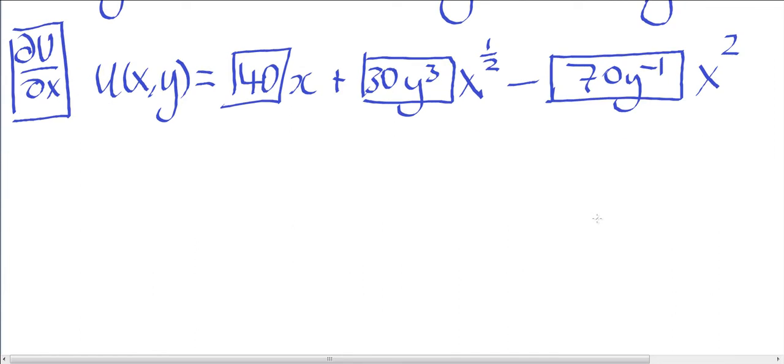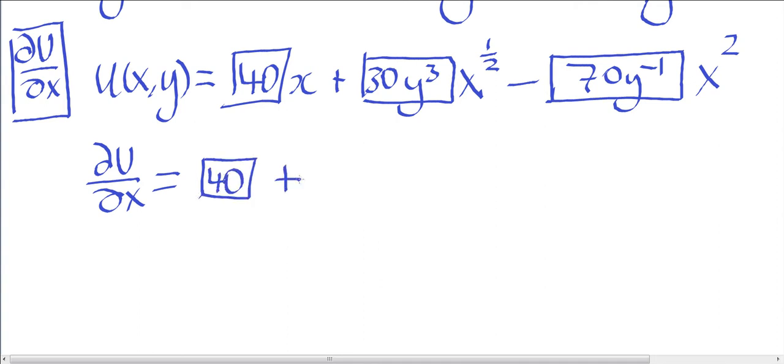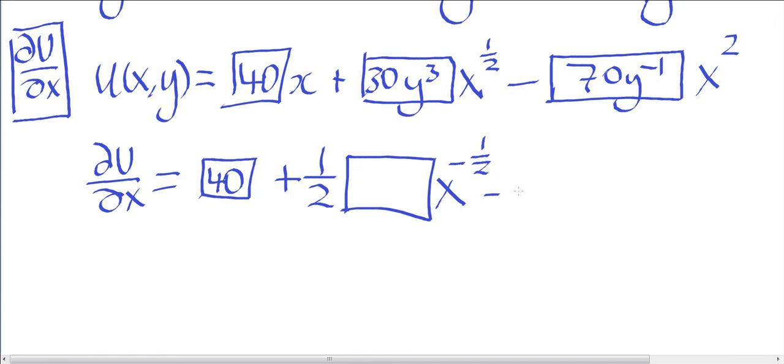Okay, so to partial differentiate that with respect to x, I'll have the box on its own, 40. I'll take the half down in front of the box and take 1 off that half. And again, go with the calculator if you're stuck on it, but I'll get minus a half. Minus 2 in front of the box, x.